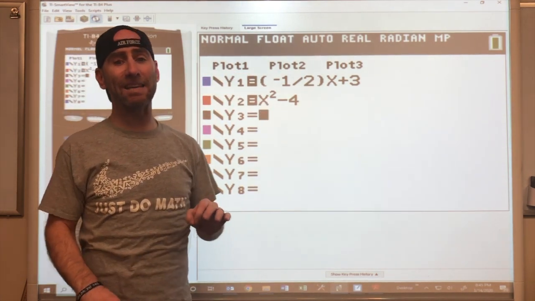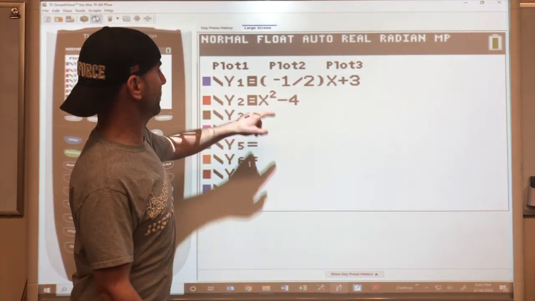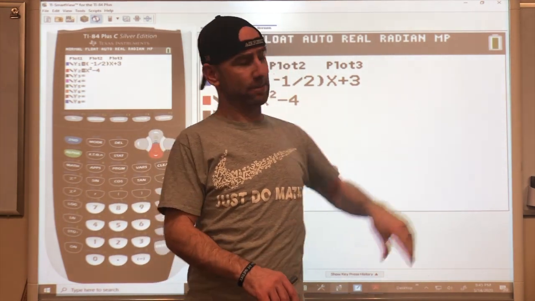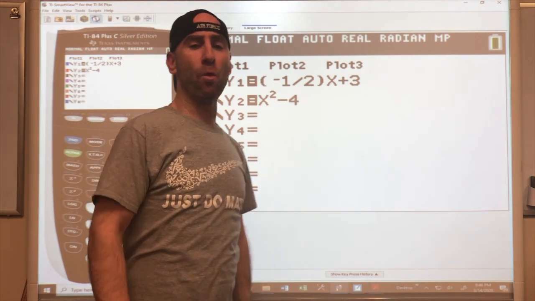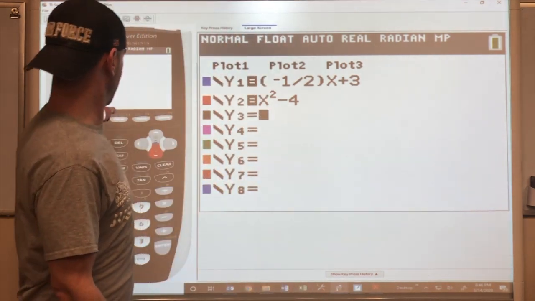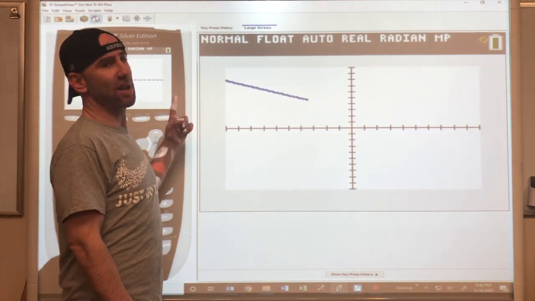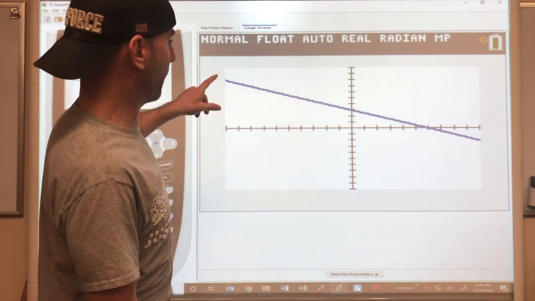Notice that the negative goes inside the parentheses with the fraction. So negative 1/2, but the x goes on the outside, plus 3, then y2, x squared plus 4. Once they're in, hit zoom 6. And you'll see your linear equation graphing first, and then the quadratic will come after that.